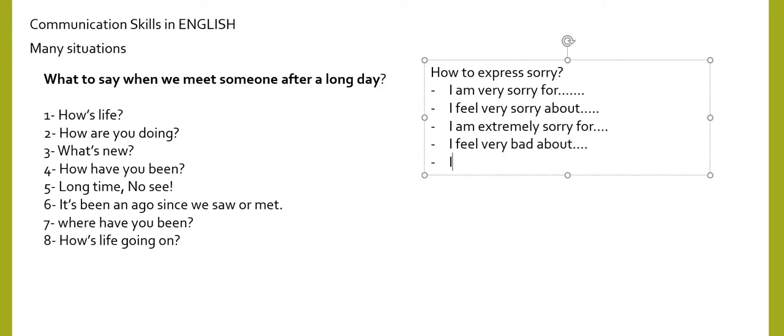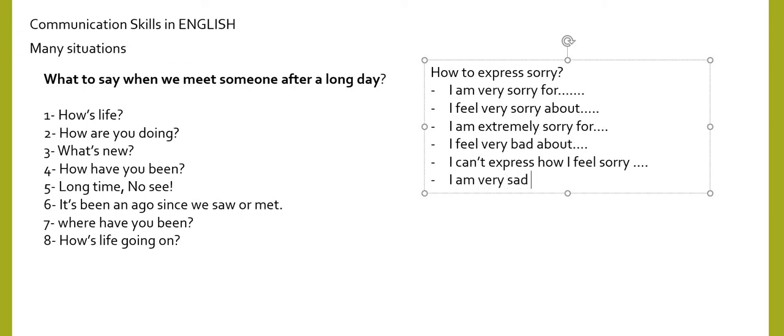In that way, you can say I can't express how I feel sorry for or about. You can use it. I am very sad for the things, and you can add on, okay.